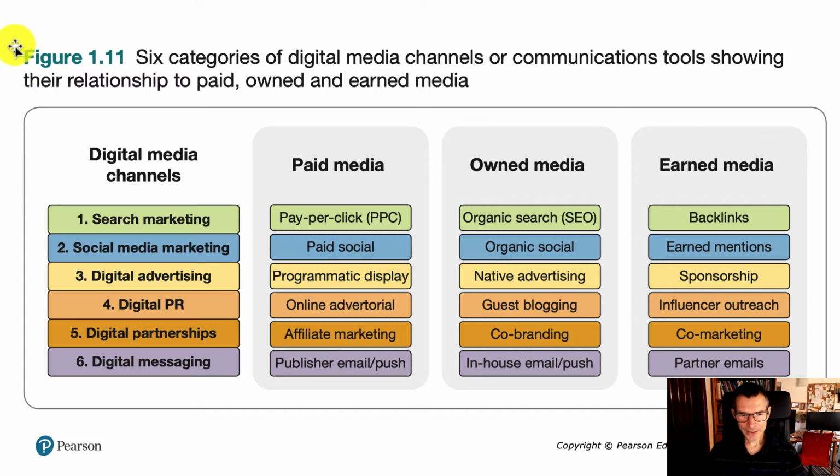So we have the 6 categories of digital media on the left here, and then we break them out into paid, owned and earned media. So this is new in this edition, and allows us to introduce some other techniques within each of the 6 channels. So if we take a look at search marketing, for example, you'll know that at the top of the Google search results page, you've got the paid listings or Google Ads, but you've also got the option of organic search through search engine optimization.